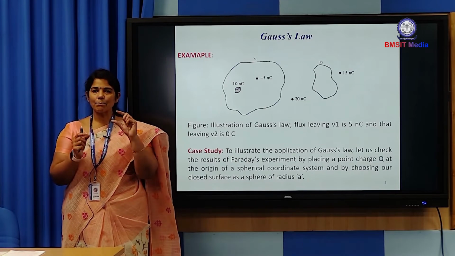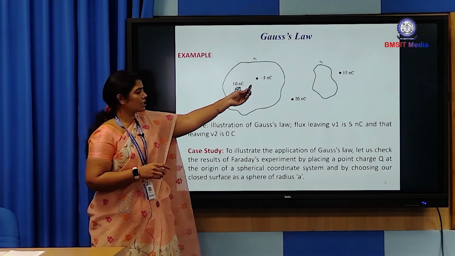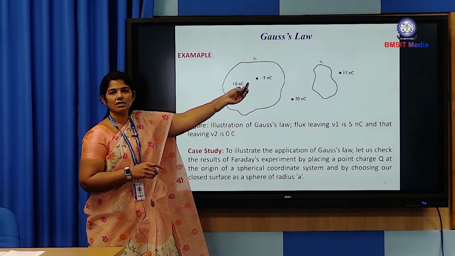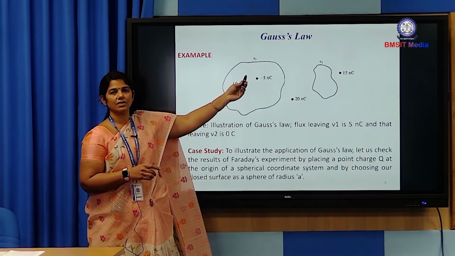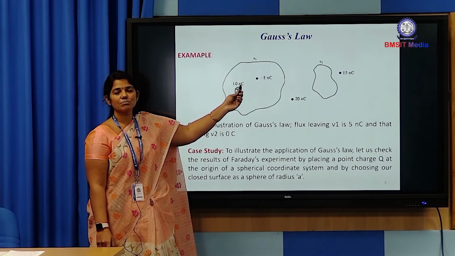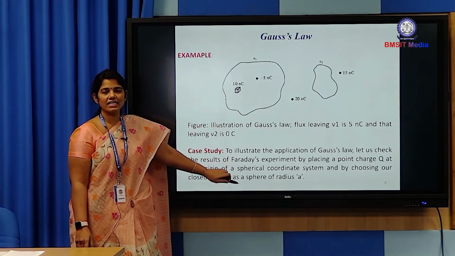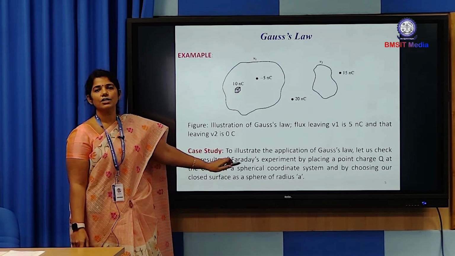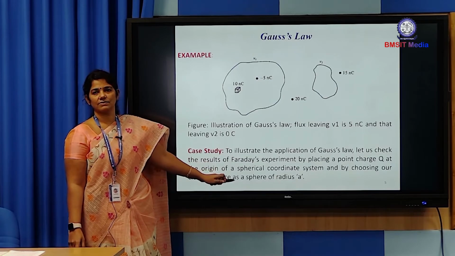By placing a point charge Q at the origin of a closed surface in the spherical coordinate system, we have a sphere of radius a. Taking these points into consideration, you just apply the Gauss law and verify it.